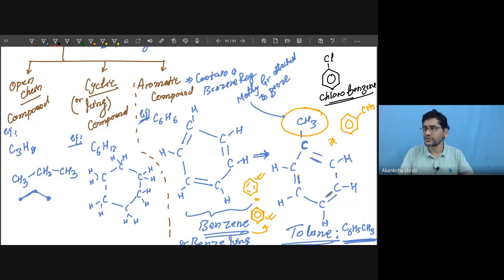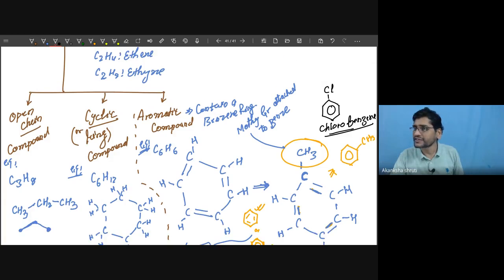Chlorine is used as a prefix, so chloro, and it is benzene. This structure represents C6H5Cl, in which from one carbon of benzene, a hydrogen is replaced by chlorine. It is also aromatic, but it falls in the category of derivative, a derivative of an aromatic compound.